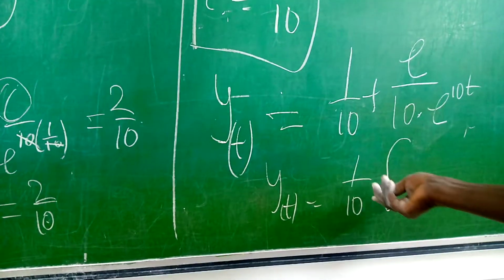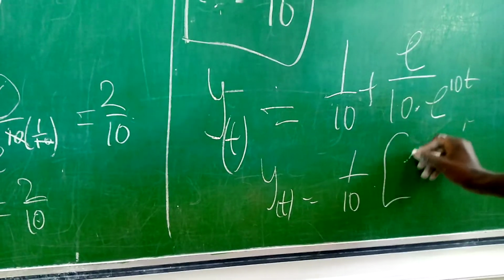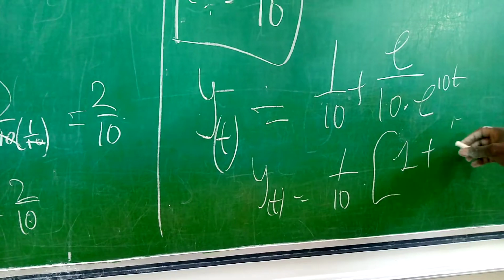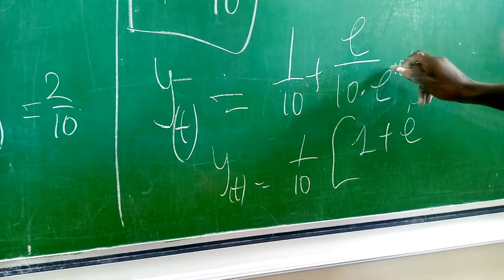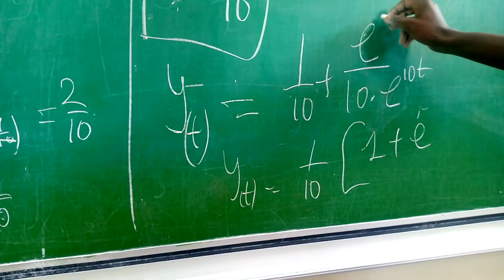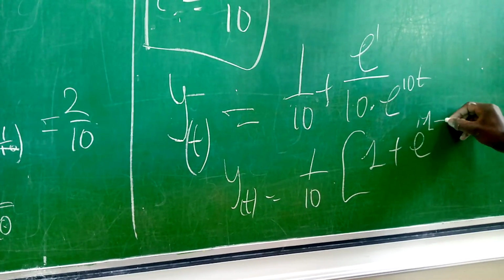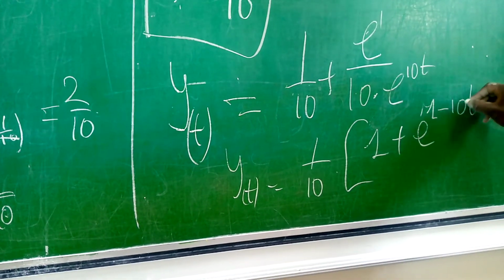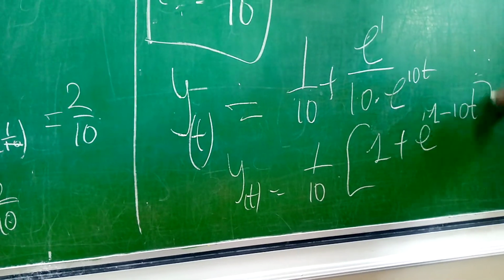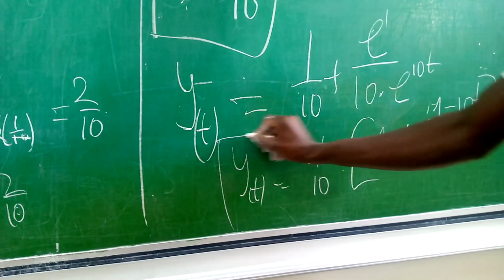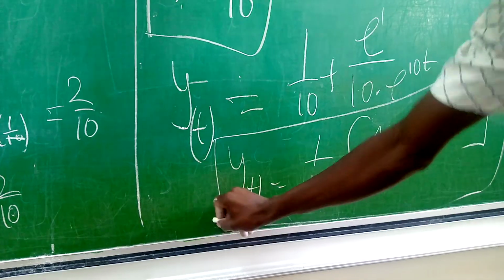Just put out 1 over 10, then we get 1 plus e power, here it comes up, then here there is 1, negative 10t, and then this is our particular solution we are asked for.